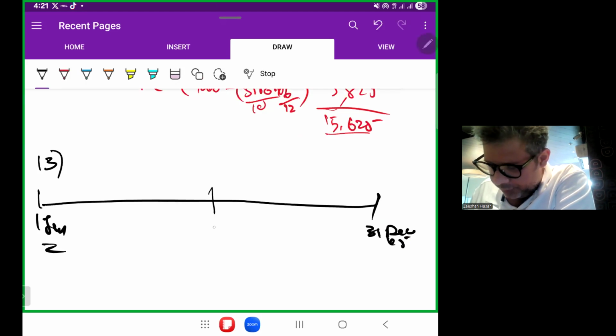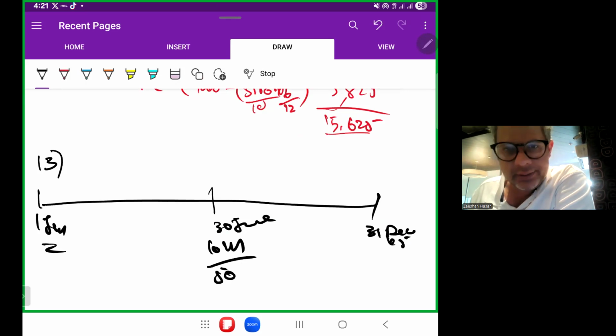How? Here it is 10 million. Life is 50 years, times 6 divided by 12 for the 6 months. We got 100,000.